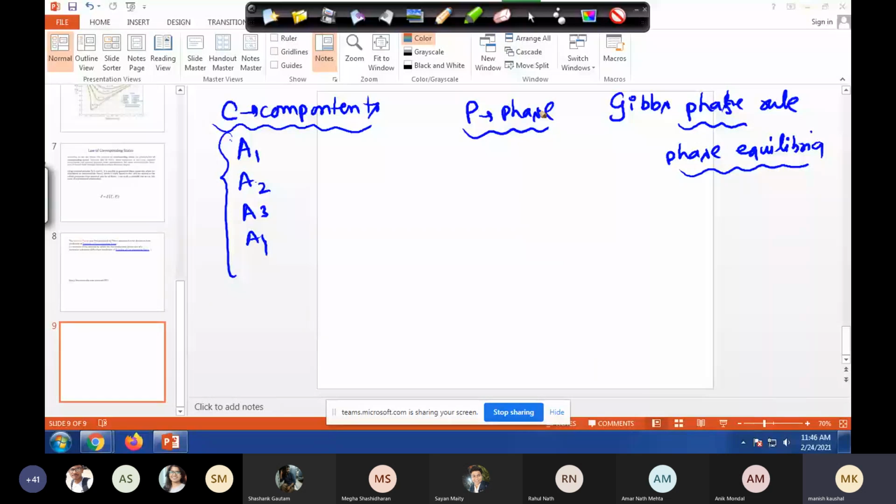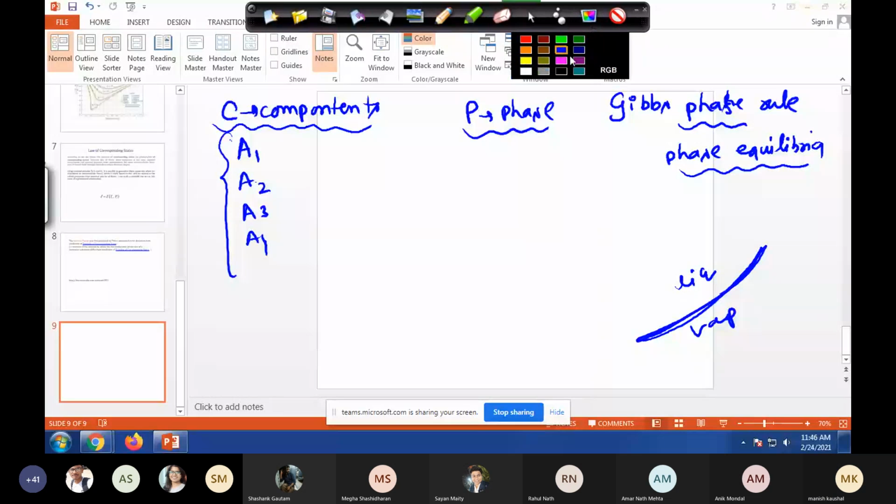Okay. So let's say you are along the liquid vapor saturation line, not triple point, liquid vapor saturation line. How many phases do we have for all components? How many phases? Anyone? 2, right?